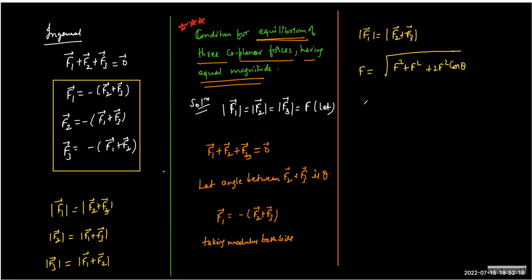So if I square both sides, what can I get? F square equals to. Okay, let me write down squaring both sides. For the first time I'm writing, and maybe the last time. I will not be writing like this again. Squaring both sides. F square is how much? 2f square plus 2f square cos theta. And if you rearrange, what you will get?